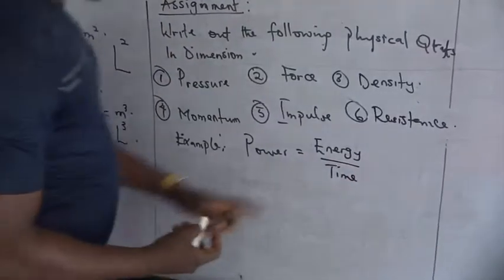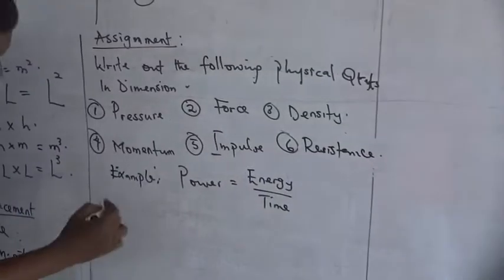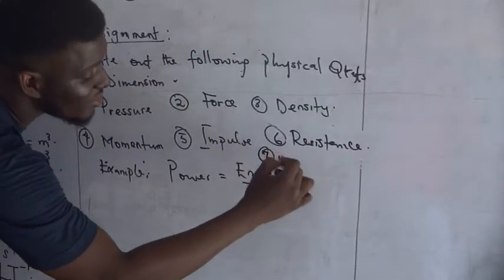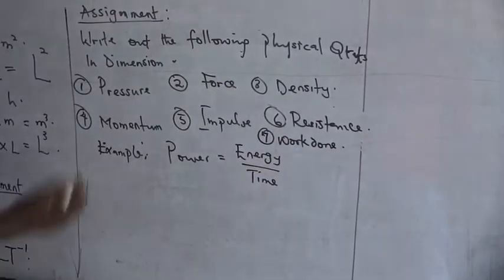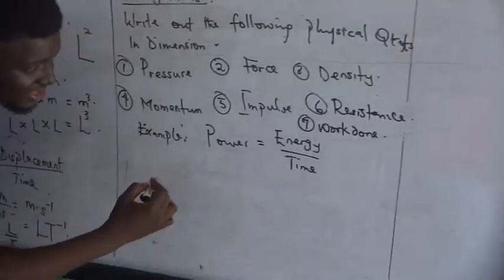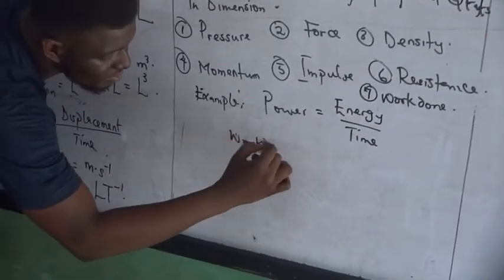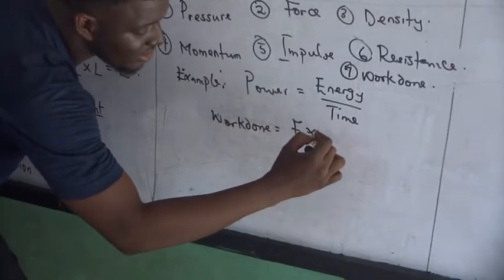And you know that energy is the same thing as work done. So let me give you number 7 as work done. We have work done to be force times distance.